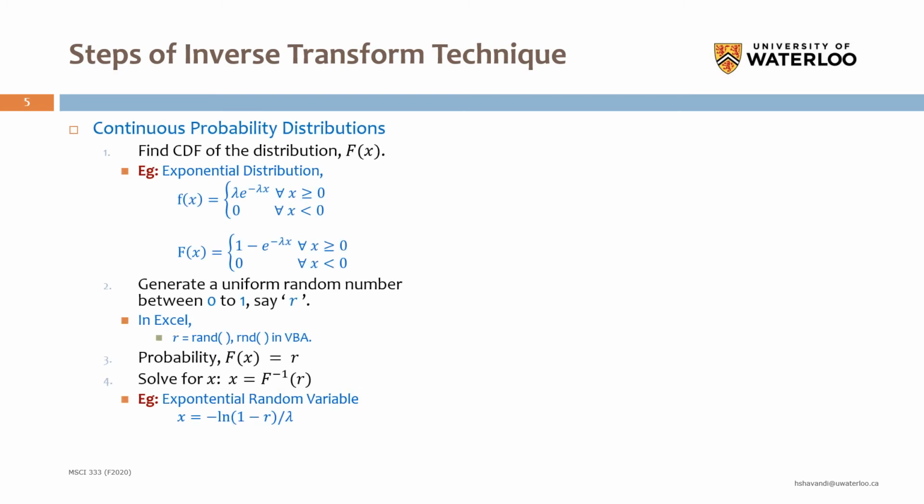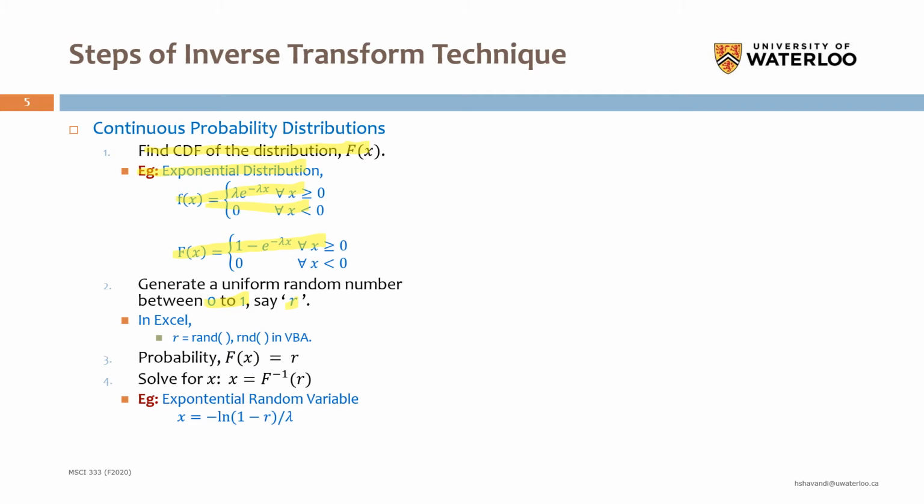For a continuous distribution, at first we need to find the CDF, F(x). For example, let's say our distribution is the exponential distribution. This is our PDF, and then the CDF will be this. Now we generate a random number R between 0 and 1; in Excel, for example, we can do this with the RAND function.